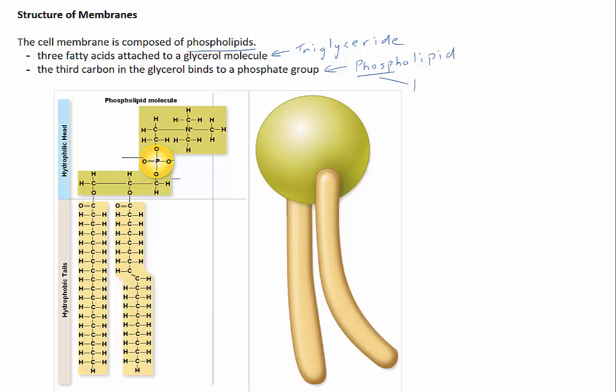Phospho for the phosphate group that it is attached to. Looking at a phospholipid molecule in detail, you'll see that there is a glycerol molecule containing 1, 2, 3 carbons together. 2 of those carbons are joined to 2 fatty acids.